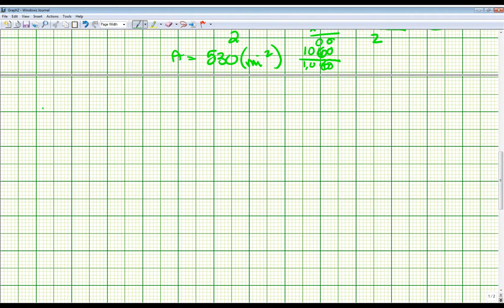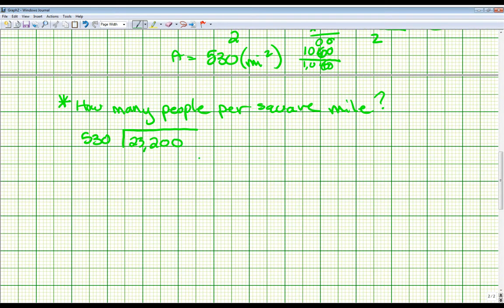So if we go on to this second page, put a little asterisk, because this is what we're trying to solve: how many people per square mile? In order to solve this, we're going to have the 530 square miles on the outside of our bar, and then 23,200 on the inside of our bar.